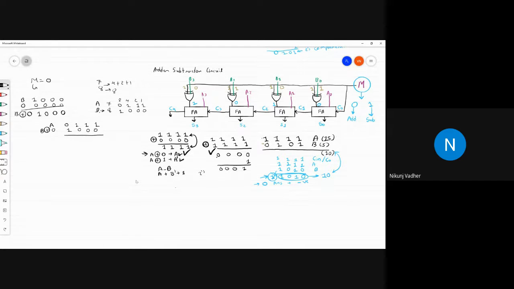Adding bit by bit, we get 1 1 1 1. Here the carry in, C0, will be 0. So this is our answer: 7 plus 8 is 15. If the value of C4 is 1, then it will be considered an overflow.